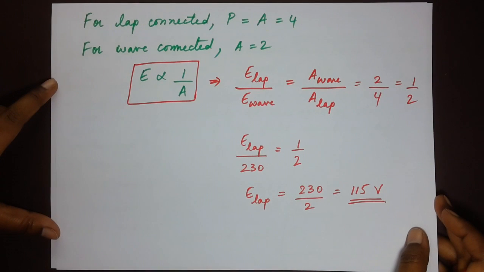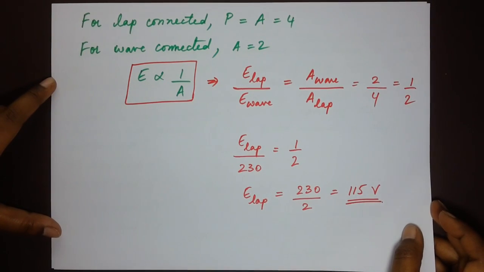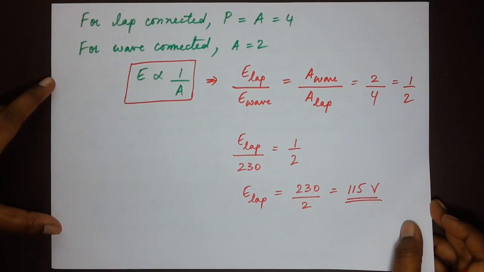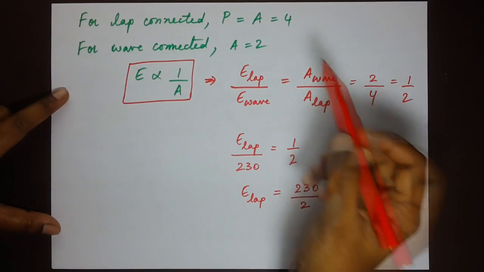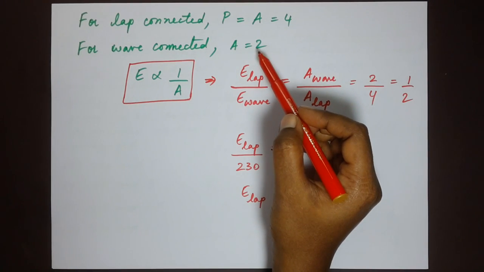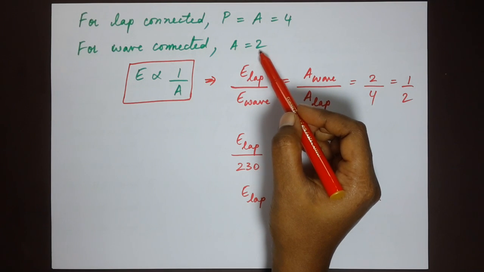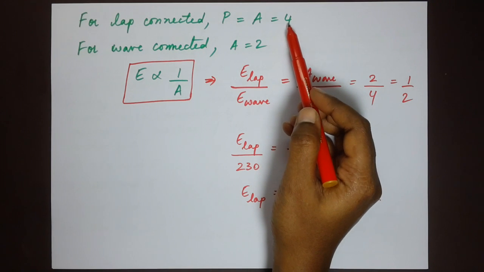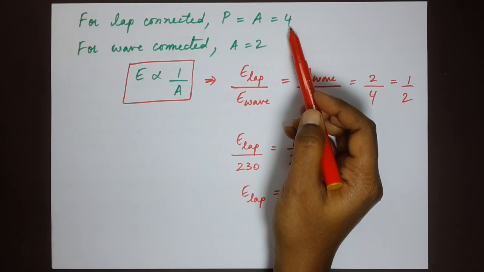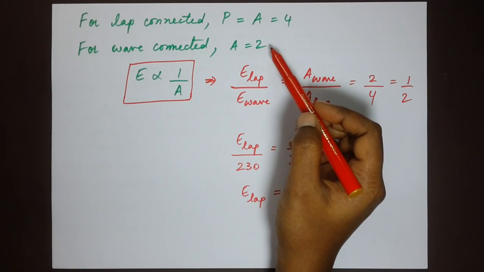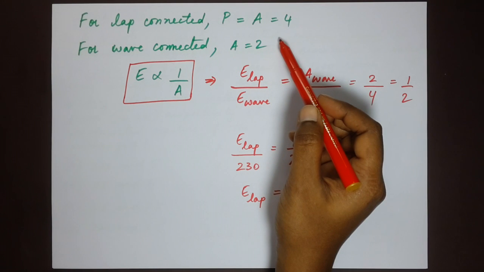Now we need to find out what the power is. Since the parallel paths are doubled, aren't they? Take a look at this. First, it's wave wound, where the parallel paths are 2. Then it is reconnected as lap winding and it becomes 4. So 2 to 4, we see that the parallel paths are doubling. So when the parallel paths double, you should note that the current also doubles.